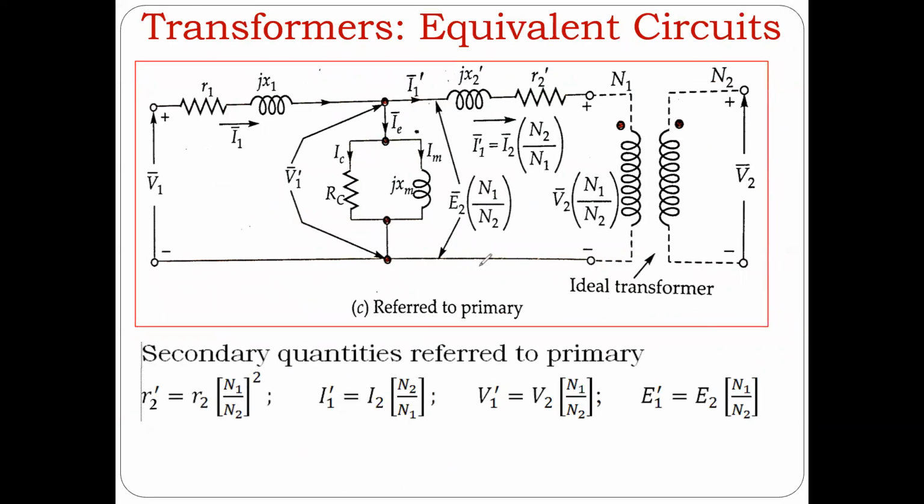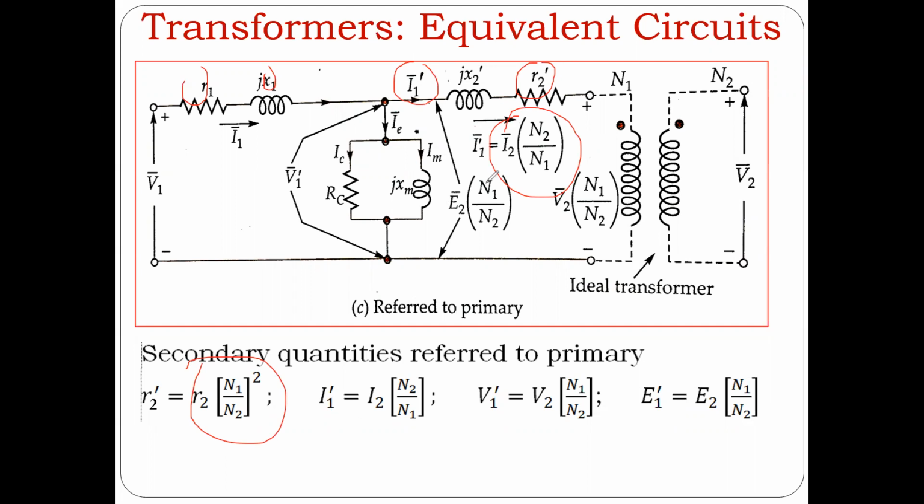So here, what I'm doing is I've transferred all the secondary quantities to the primary side. R1 and X1 would remain the same, but R2 would become R2 prime, which is this. I1 stays the same, but I2 would become something like this.